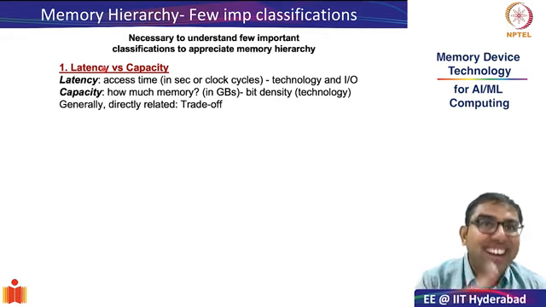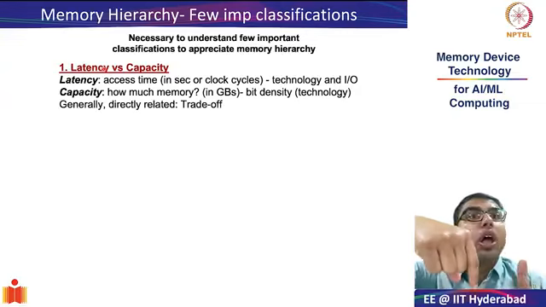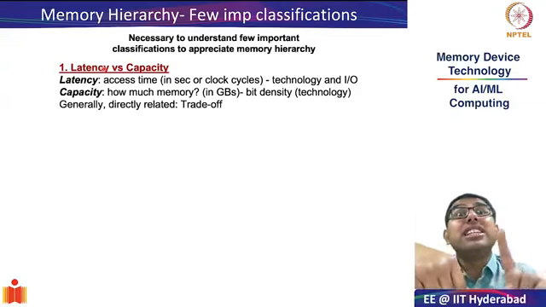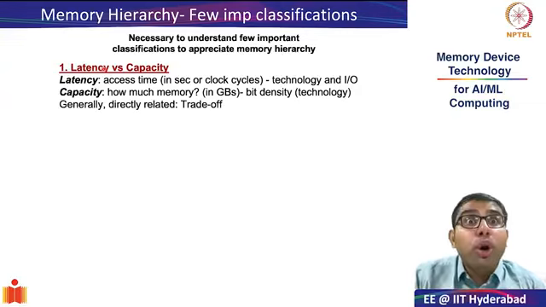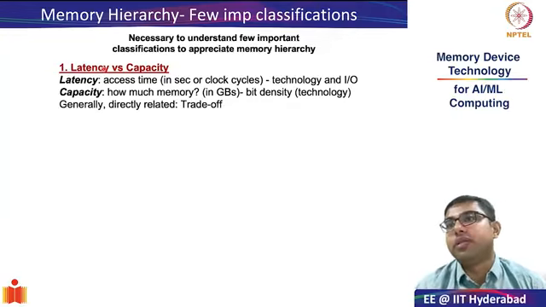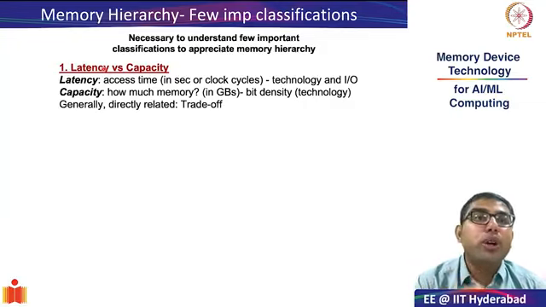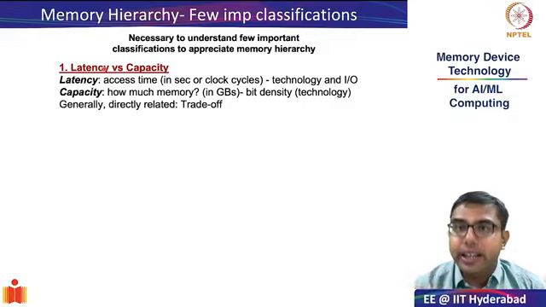However, in dual data rate, because of improvements in technology, you can access data on the rising and falling edge. Therefore, your throughput becomes double, your latency becomes half, right? So the input-output interface and interface technology is also very vital.